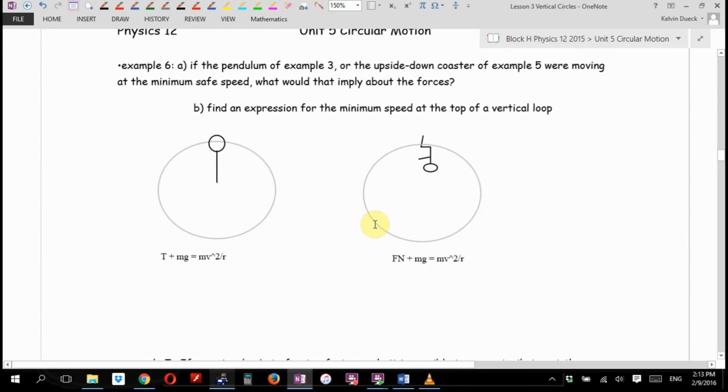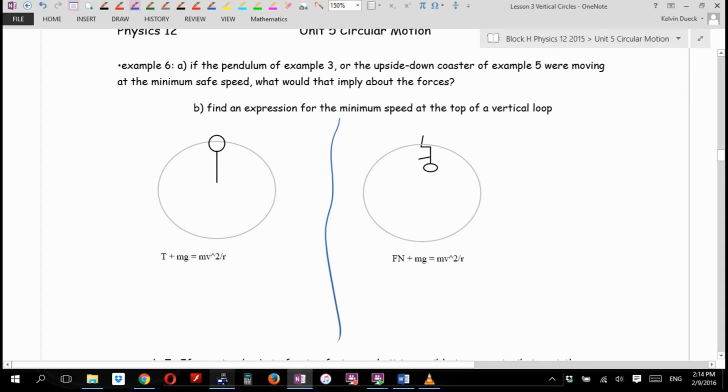This is really what Josh is asking. If the pendulum in example 3 or the upside down roller coaster in example 5 were moving at the minimum safe speed, what would that imply about the forces? Find an expression for the minimum speed. First of all, let's do the rope.